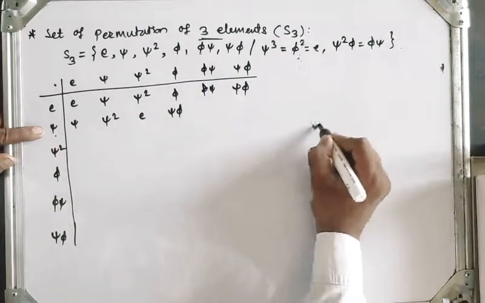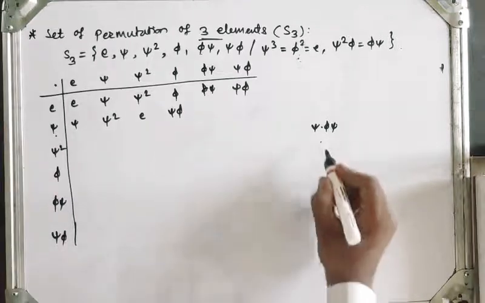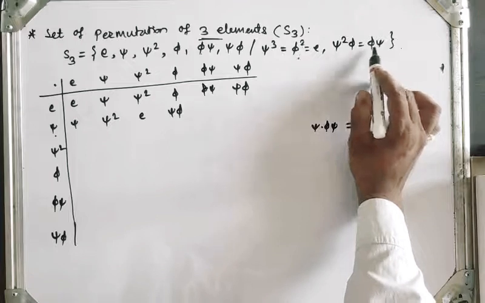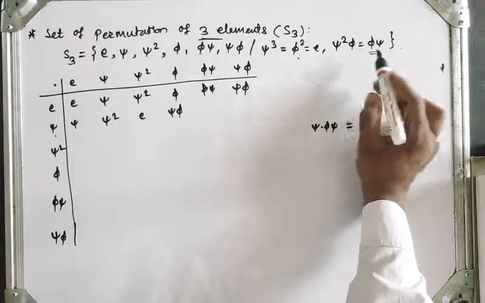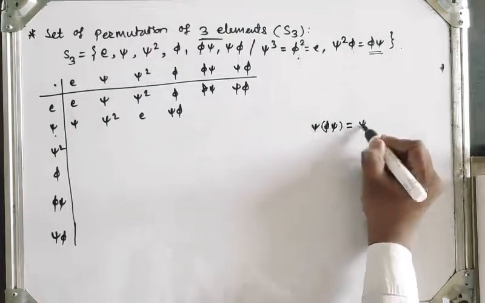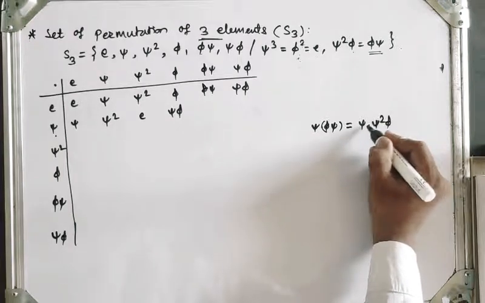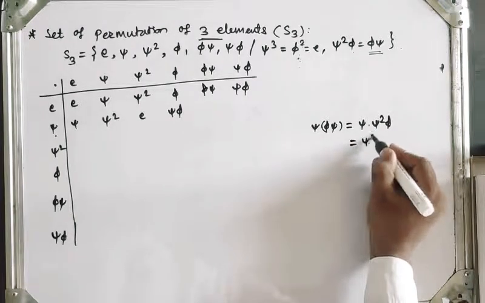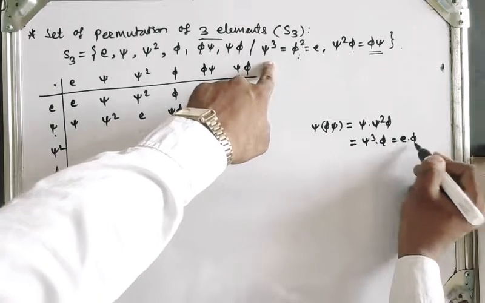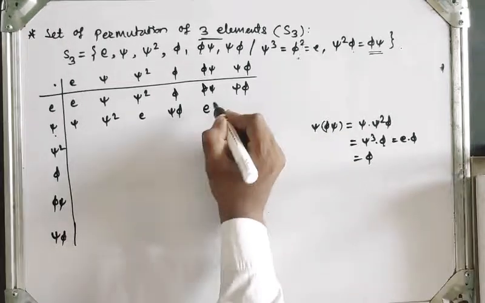The value of phi psi is psi square phi, so psi into phi psi is psi square into psi cube into phi. Since psi cube is identity, we get phi.